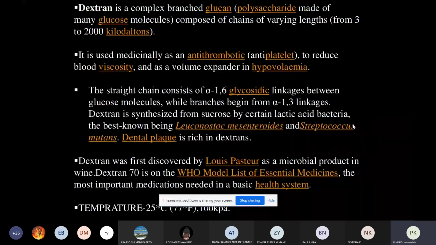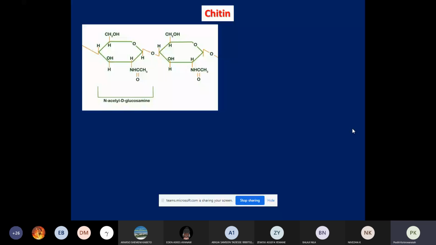And coming to chitin. As we already said, chitin is present in the hard exoskeleton of many arthropods, insects, lobsters and crabs. This chitin is a polymer of N-acetyl glucosamine, which you can see here, with beta 1,4 linkage.